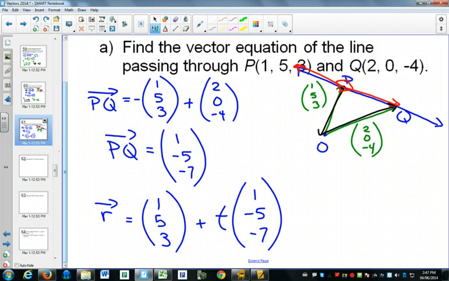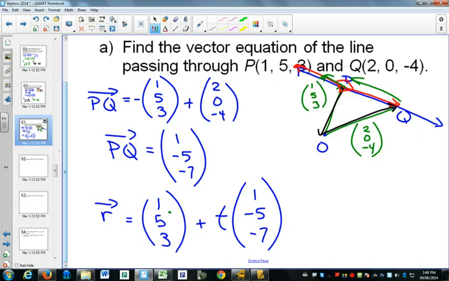If I wanted to find this point, then T would be negative 1/2, because I'm going opposite direction halfway. And I can find any point on the line by just changing T. You could do Q here instead of that, yes. And you could have chosen this direction as well, would be right as well.